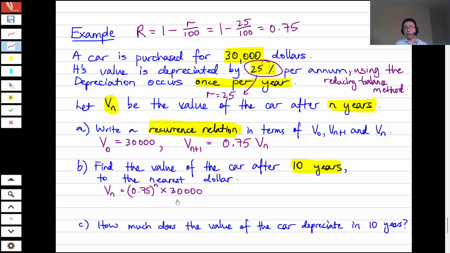It actually doesn't matter which order you write these numbers in, because when you multiply numbers, order doesn't matter. It's just that I've put r to the power of n first in all of our examples, so I want to keep it consistent. So if I know that, now I can substitute n equals 10. So it's going to be 0.75 to the power of 10 times 30,000.